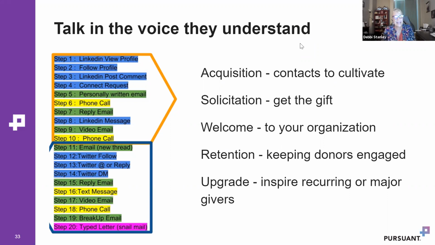But the key to any cadence is understanding where they are in their journey, so you can use your time and resources wisely. There are literally thousands of tools out there. I know this invitation for this webinar was sent out through MailChimp. You can set up these types of cadences through MailChimp. But there are a few that really advise on how to create them.